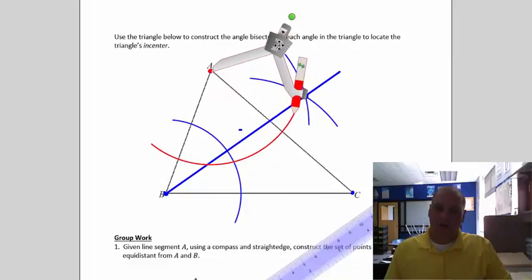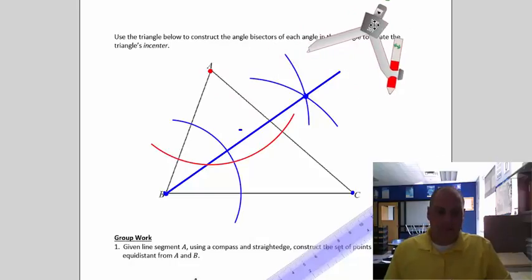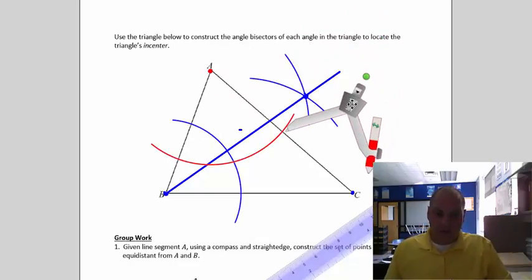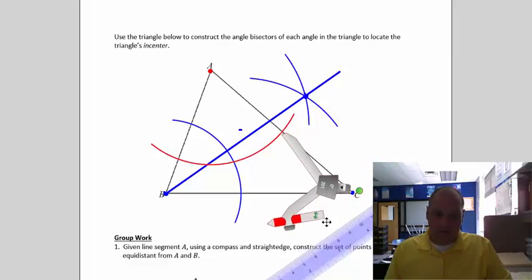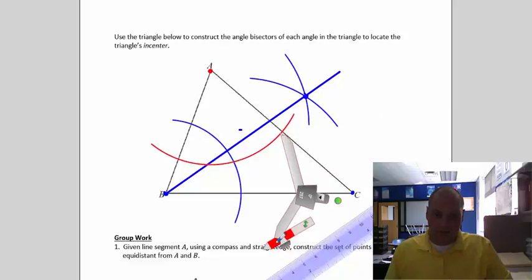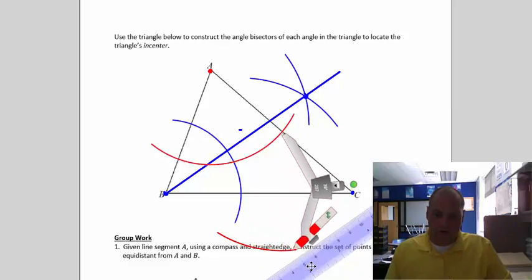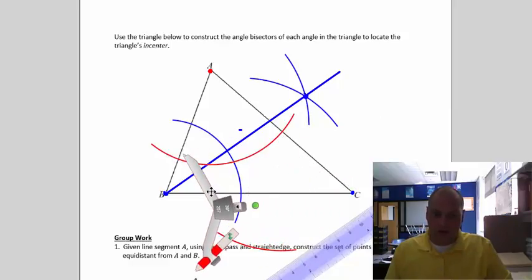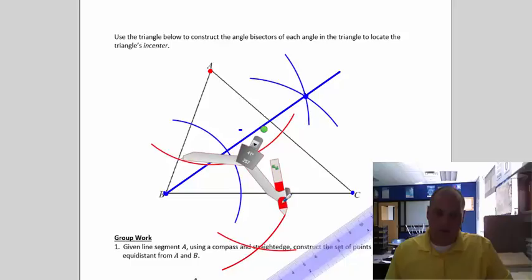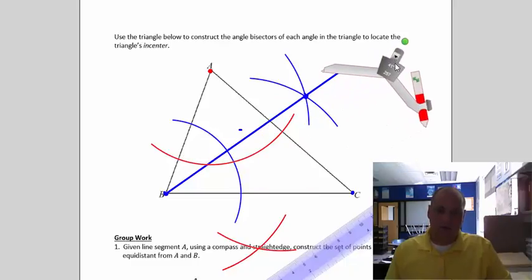And I did change colors because this does kind of get messy. Right? And then from my new points that I just created, I need to swing arcs. I'm going to open up my compass a little bit, swing an arc out here, and then from the other point, swing an arc right there. Again, we know how to do the angle bisector by now, so this isn't crazy.